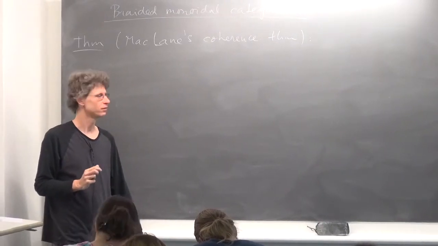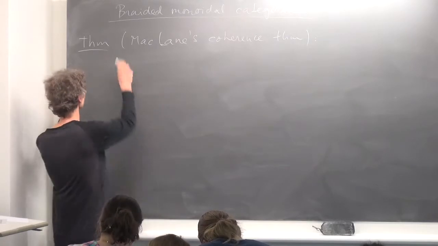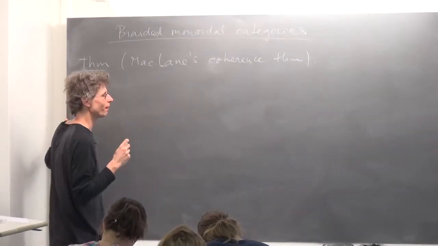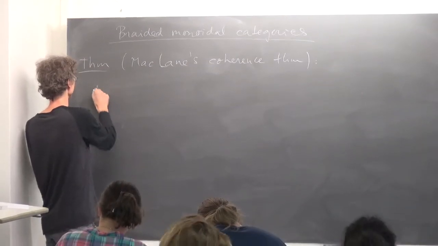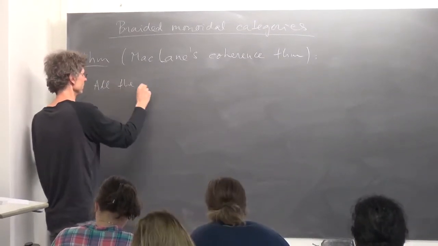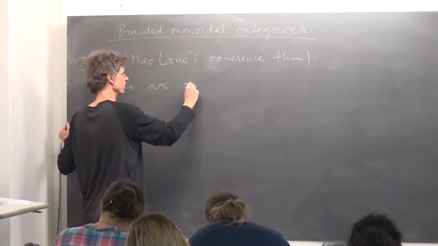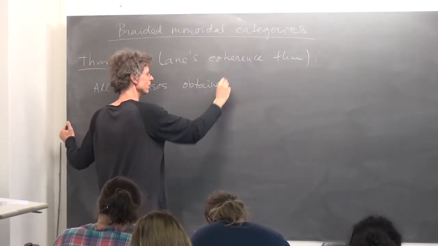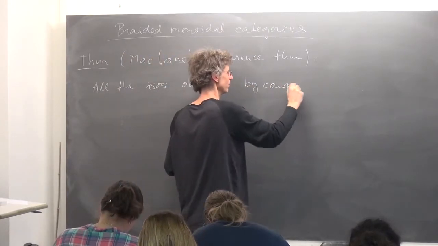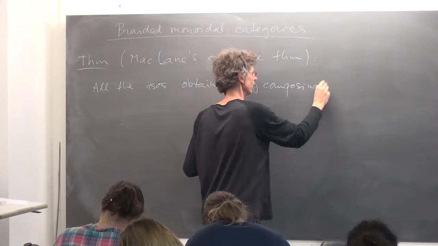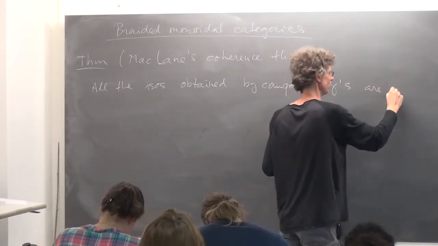I will just say it in some reasonably naive way, which just says that all the isomorphisms obtained by composing gammas are equal.